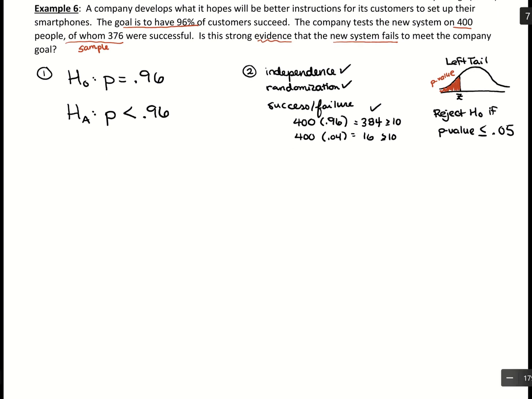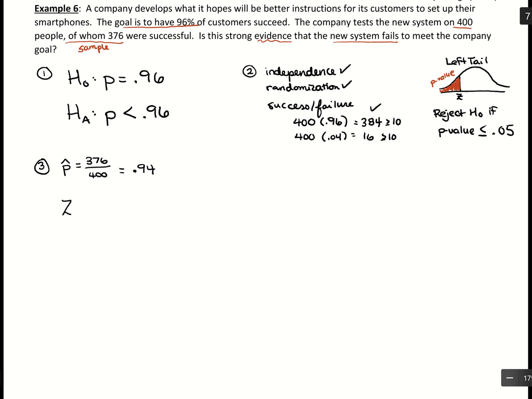Well, then it's calculation time. So we're going to find, we need our sample statistic, p hat, which is the 376 out of 400. So from the sample, we saw a proportion of 0.94. So we can tell that that's less than what we expected, but what we want to know is it significantly less than what we expect to happen.